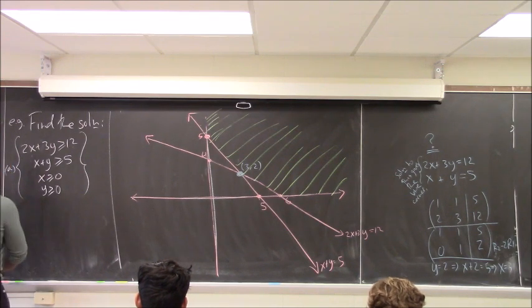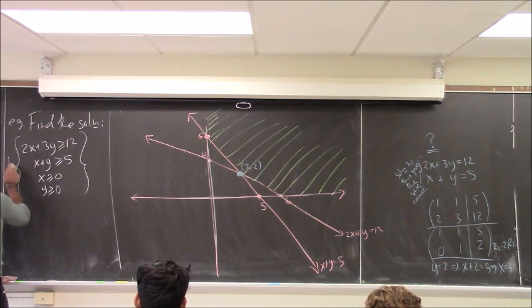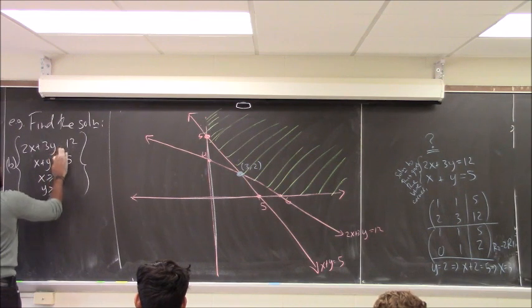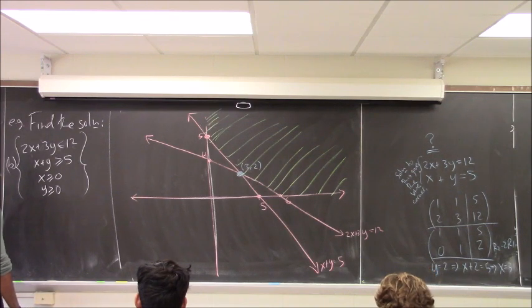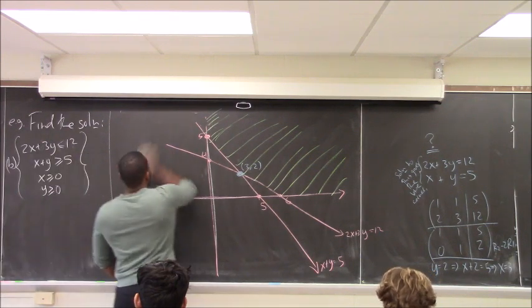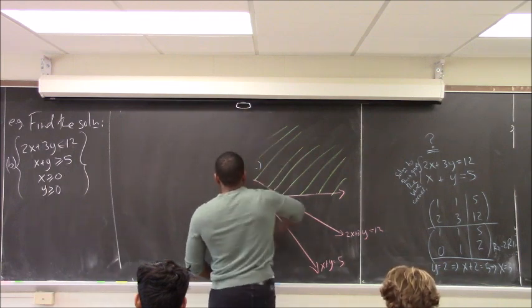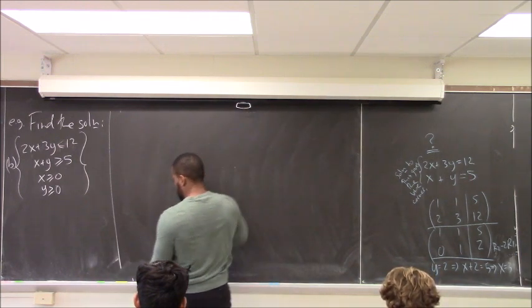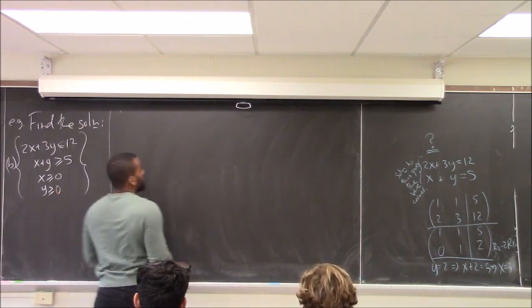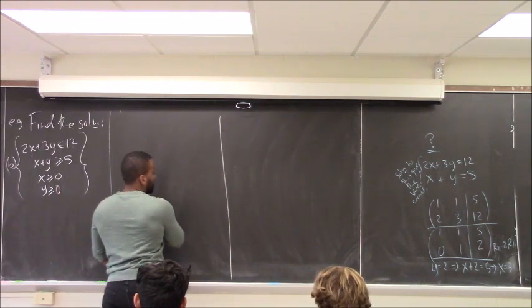Okay. So for B, I think we move this to less than. And that is going to change a lot. Let's just start from scratch. So I have the axes here.